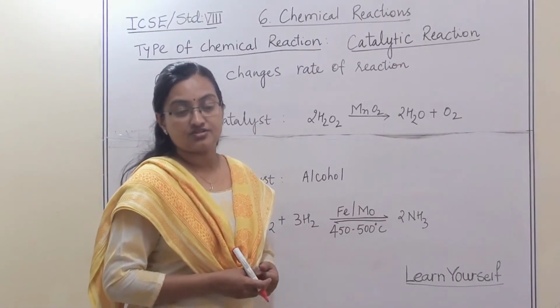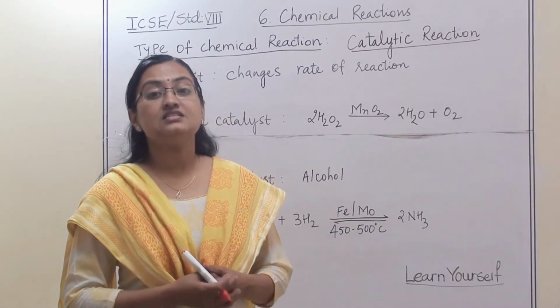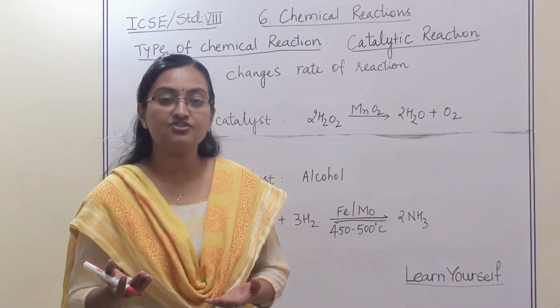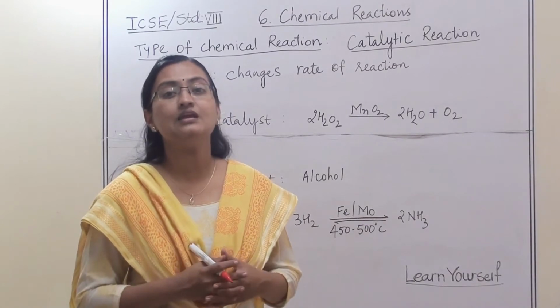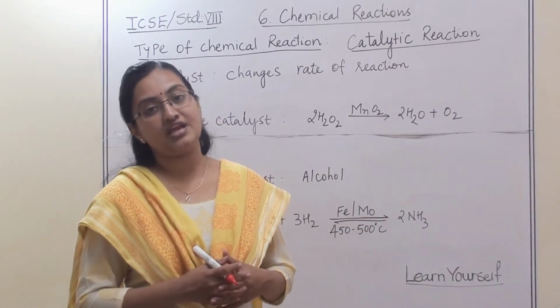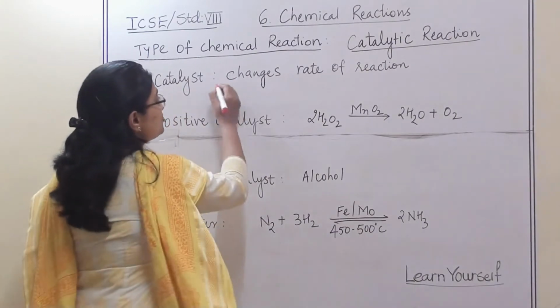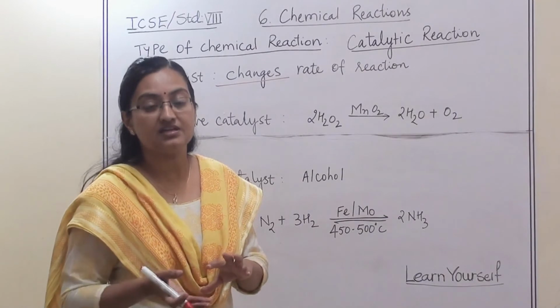Catalytic reaction. So what is a catalyst? A catalyst is a compound which enhances or suppresses the rate of reaction without taking part in the reaction. So basically the catalyst changes the rate of reaction. It will change the speed.